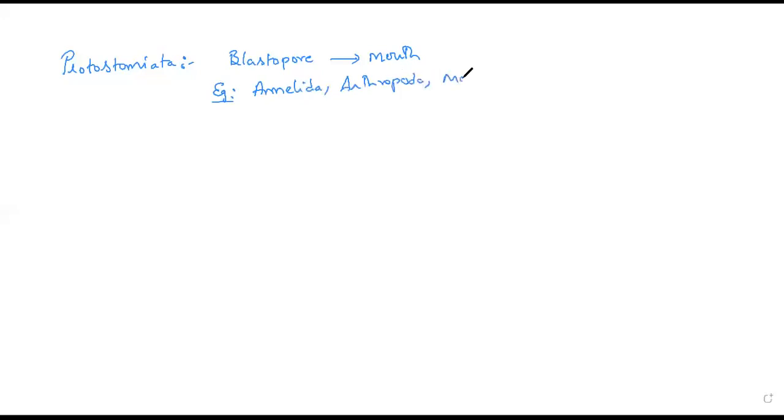Right. Protostomes, Protostomiata. If the blastopore first develops into mouth, we call that protostomiata. Examples of protostomes: Annelida, Arthropoda and Mollusca. So what are deuterostomes?